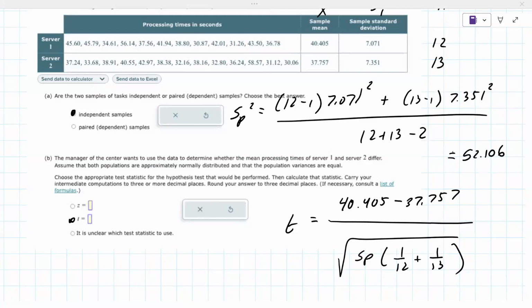And then 40.405 minus 37.757 divided by the square root of that SP, 1 over 12 plus 1 over 13. It's easy to get parentheses in the wrong place. 0.9164 is my value there.